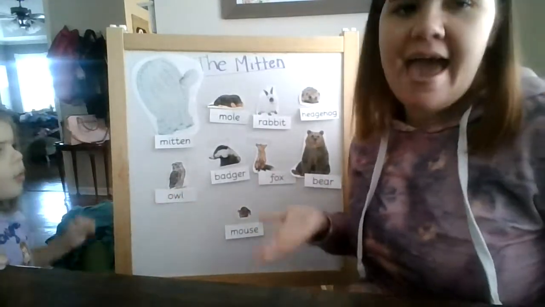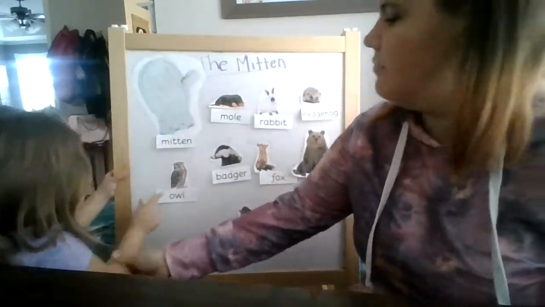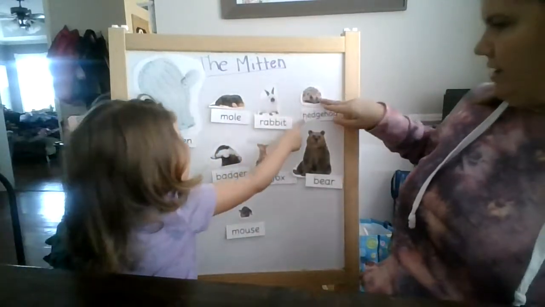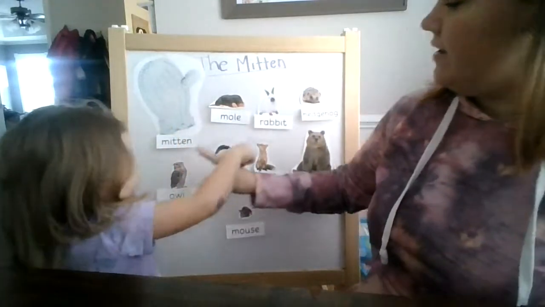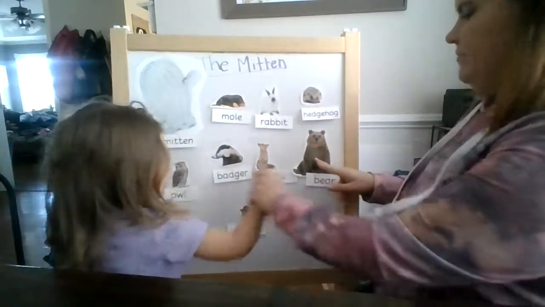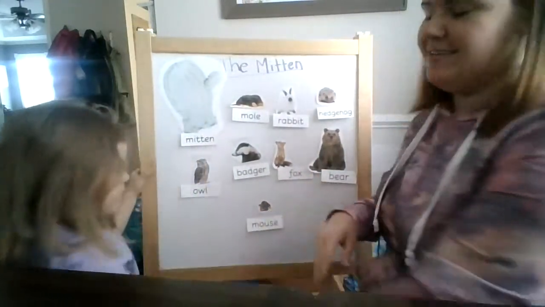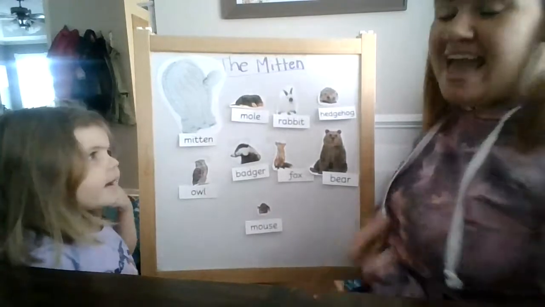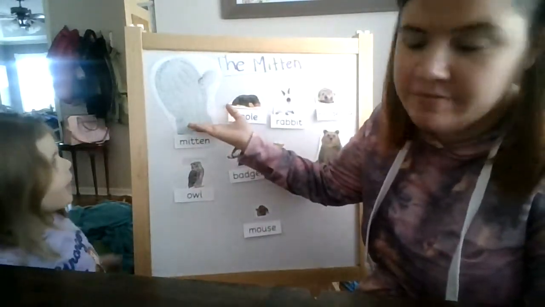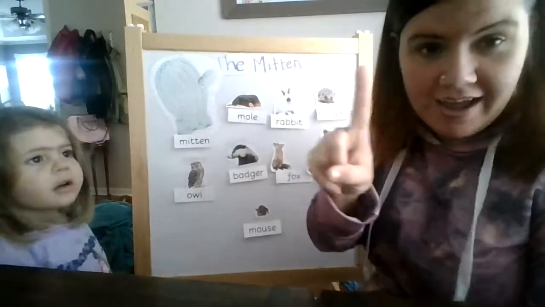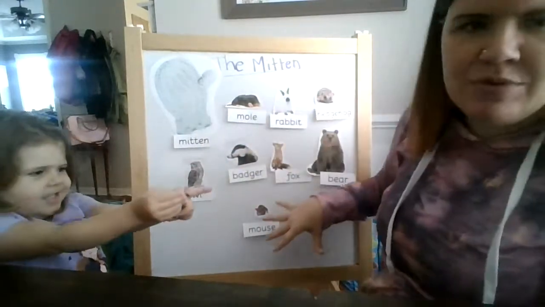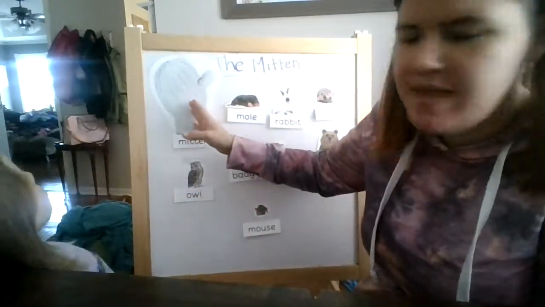Let's count how many animals we have. 1, 2, 3, 4, 5, 6, 7, 8. So we have 8 animals. Okay, and how many mittens do we have? Just 1 mitten. So all 8 animals got in that 1 mitten.